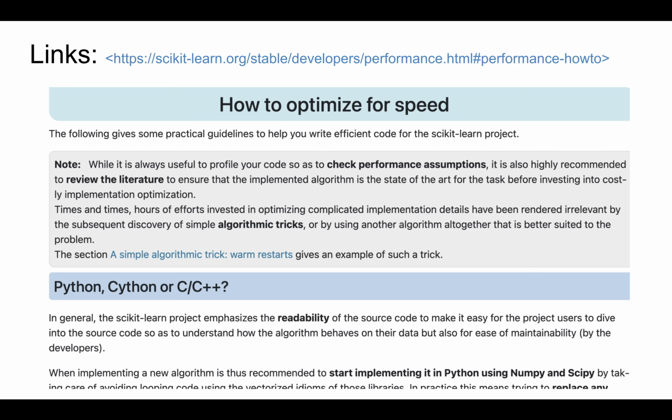And finally, there are two links provided if you need to read further. This is how to optimize speed, using Python, C or C++. There is elaborate documentation and starter code as well. So you could look into that, see if there are any other ways you can speed up the training process and reduce prediction latency.